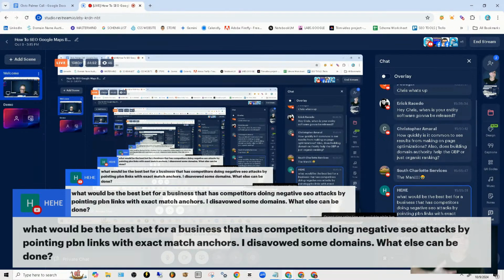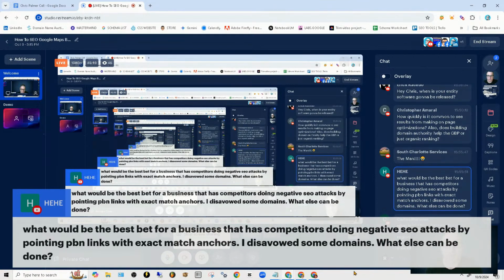And more times than not, what you are perceiving as bad is often going to help the end user. So in this particular scenario, if a competitor is blind enough or ignorant enough to build PBN, authoritative private blog network links to your site with an exact match anchor text, I would thank them very quietly, but I would thank them. They're doing you a favor. They're spending money for you.